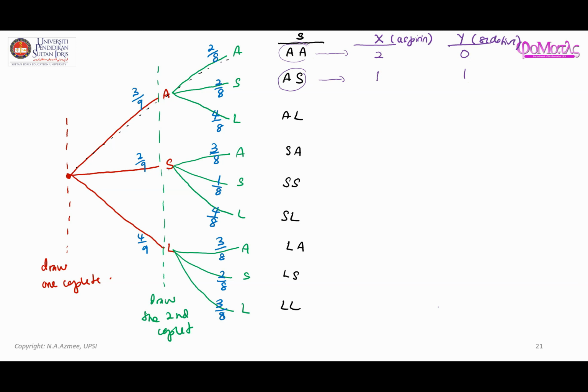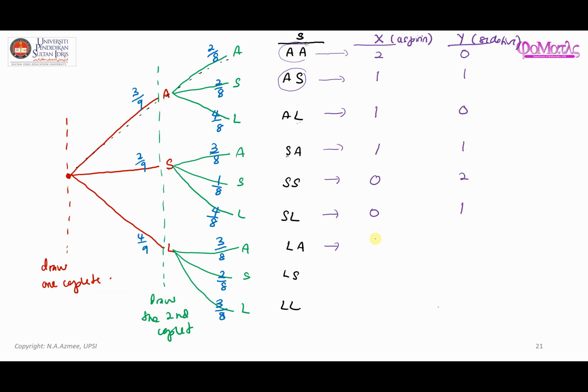In the same manner, this is what we can do. We've got 1 aspirin, 0 sedative, because there is no sedative. This is laxative. And for this one, there is 1 sedative and 1 aspirin. This one is 0 aspirin, 2 sedative. This one is 0 aspirin, 1 sedative.